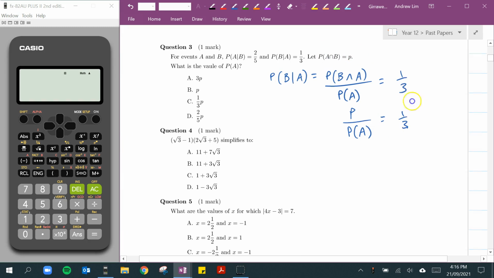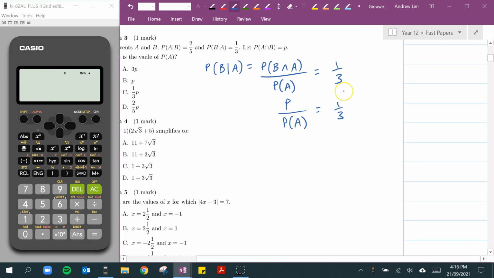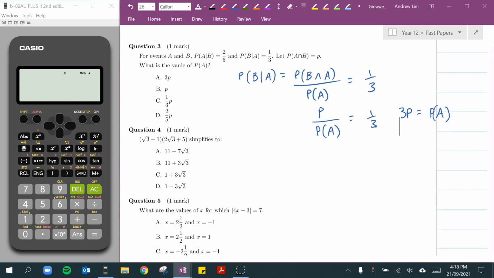So we want the probability of A, we can just cross multiply. 3P is equal to the probability of A. And so the answer has to be A. The probability of A is 3P.